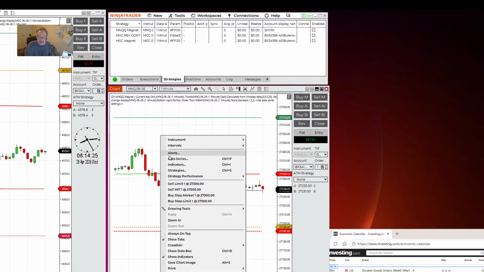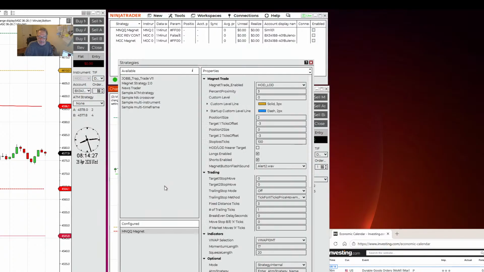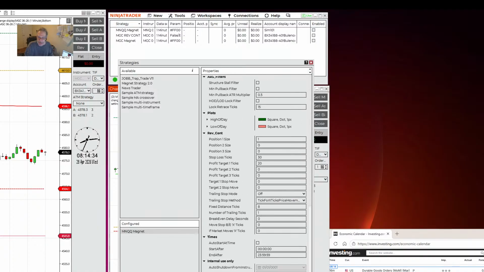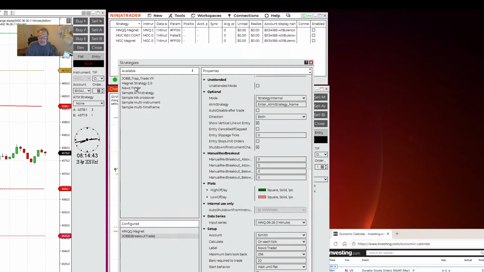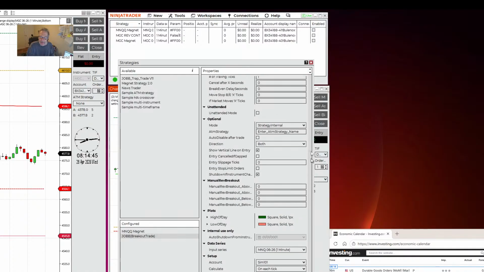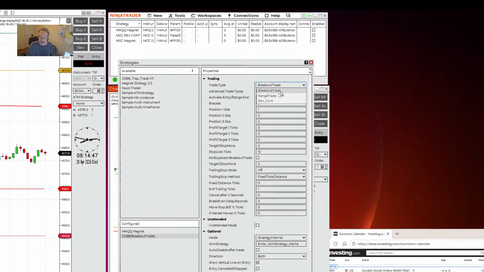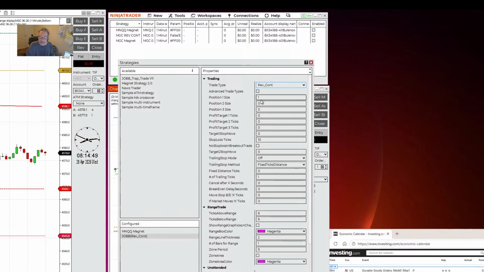So our MNQ will right click the chart, highlight the trade setup we just started to set up, and we'll put the account number 41. Apply it, and now we're going to add our reverse continue. We'll click News Trader, change the breakout to a reverse continue, and a couple of contracts, a target of 100 with a stop of 100.